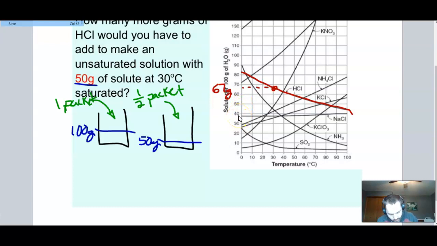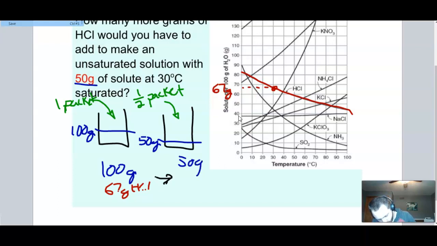So what we do now is if we could dissolve in 100 grams of water about 67 grams of HCl, then in 50 grams it would just be half of that, so 33.5 grams of HCl.